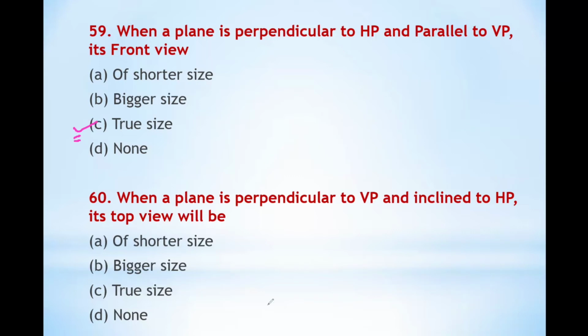We'll draw here. If this plane is inclined with respect to HP, then in the front view we will get an inclined edge view, so it will be like this.